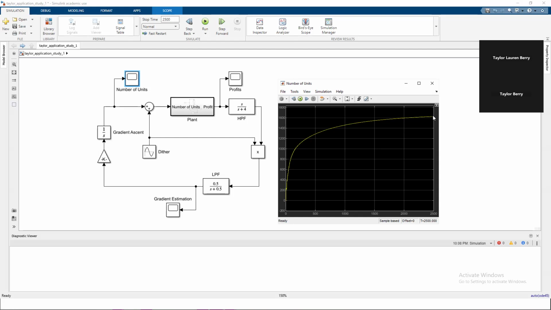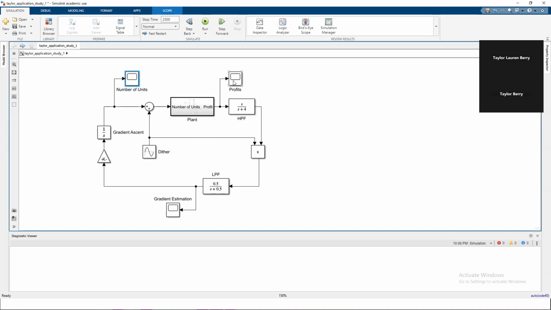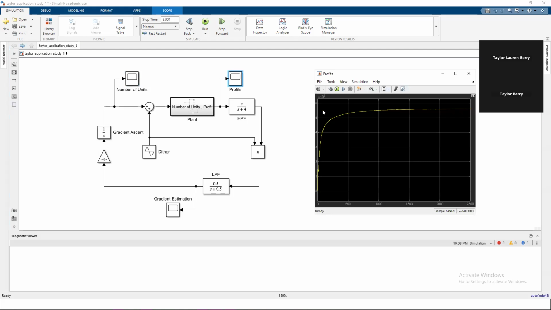So we get that the maximum number of units to maximize profits is going to be around 1600. And then over here with our profits, it's going to be around 5.5 times 10 to the 6. Very sorry that you couldn't see this until now.